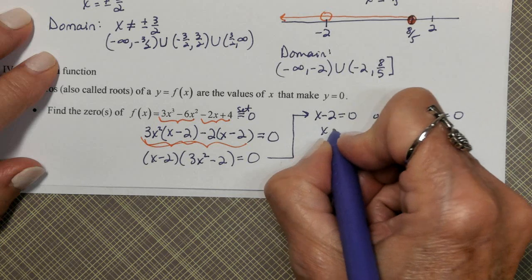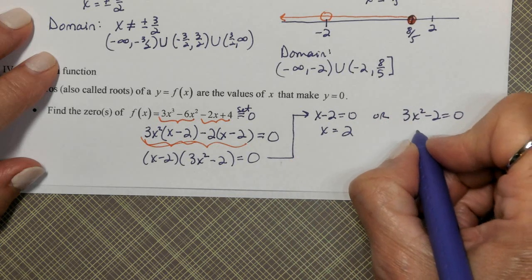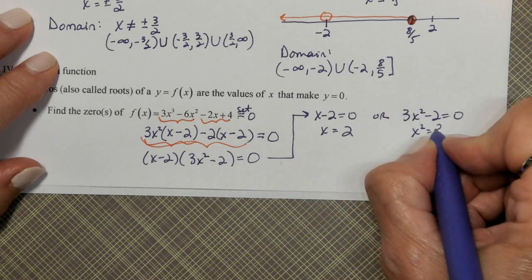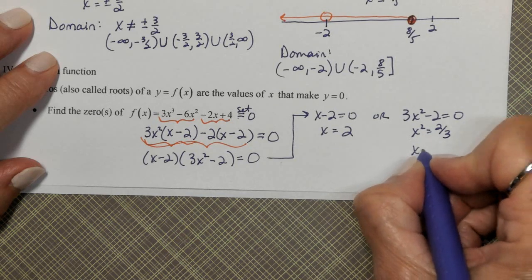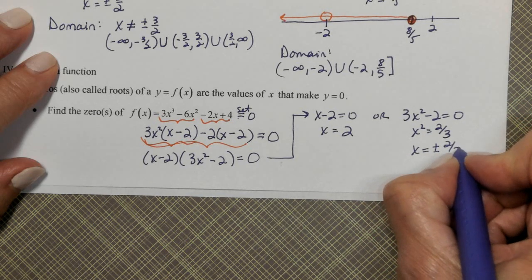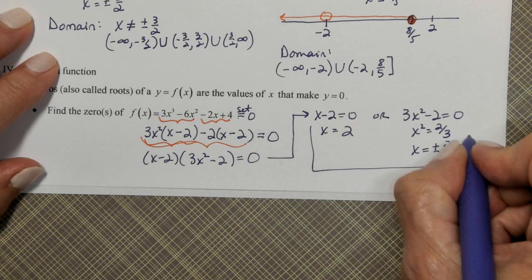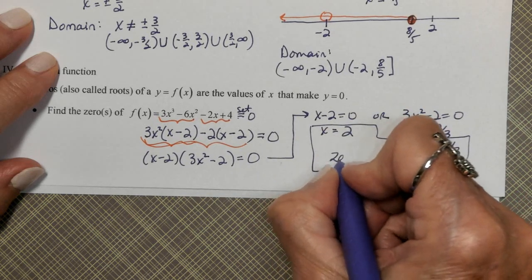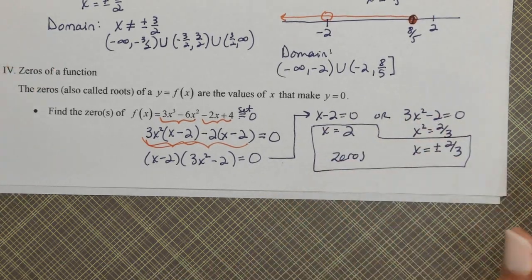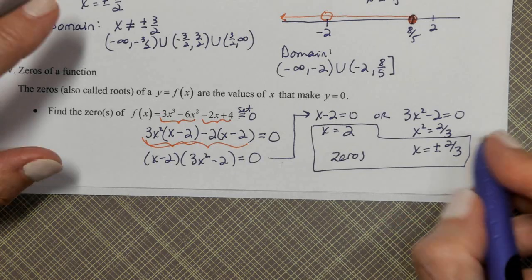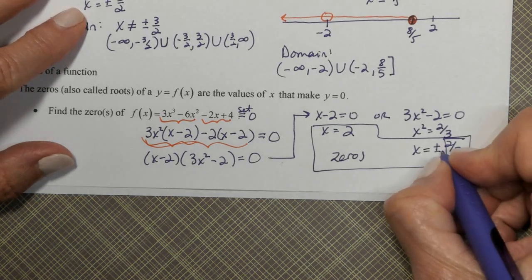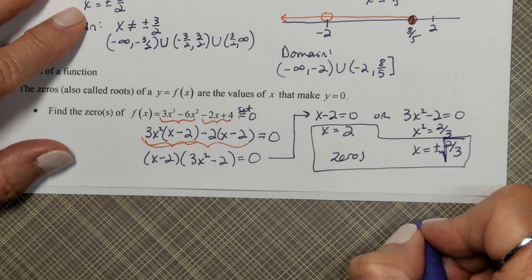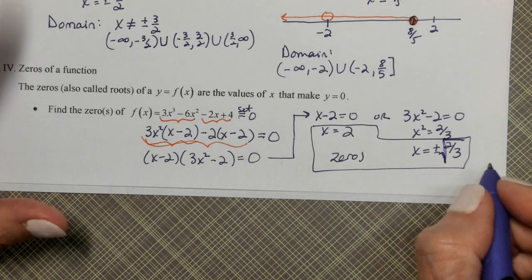So x is 2 or x squared is 2/3, which means that x is plus or minus the square root of 2/3, and these are the zeros of the function.